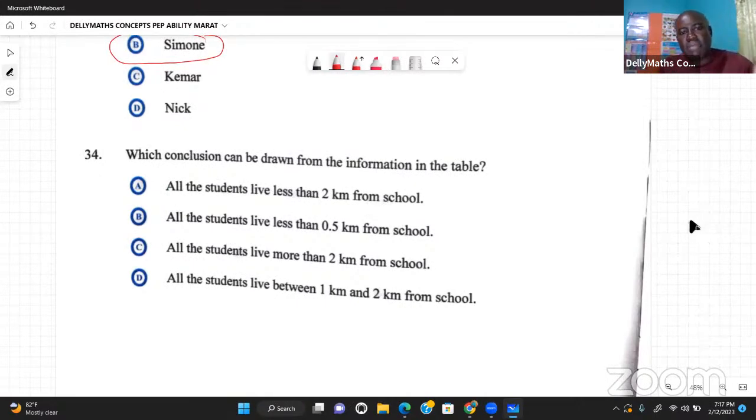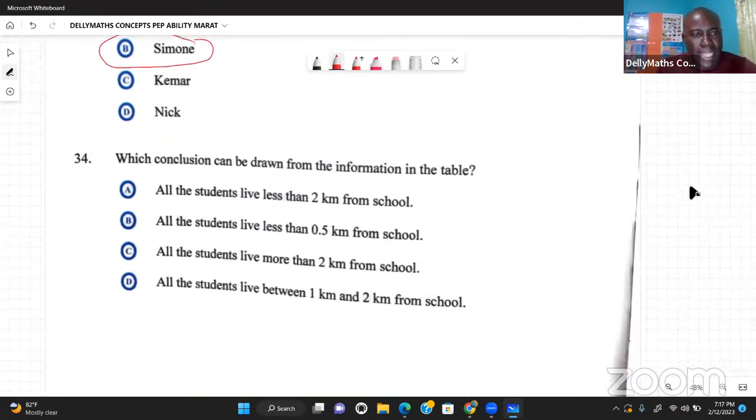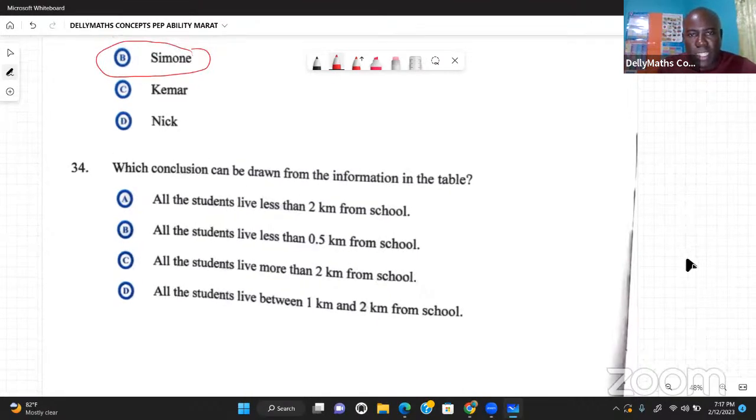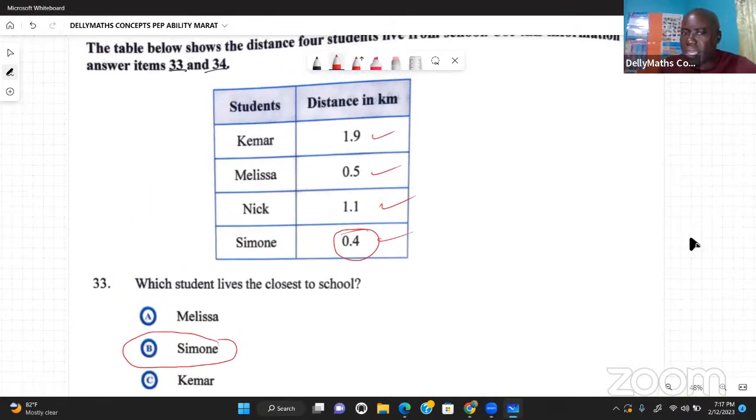Which conclusion can be drawn from the information in the table? So I guess we're going to have to go back to the table and look. Let us look at A. All the students live less than 2 kilometers from school. I think that the first answer is correct, so I'm not going to read the rest. 1.9, 0.5, 1.1, 0.4.